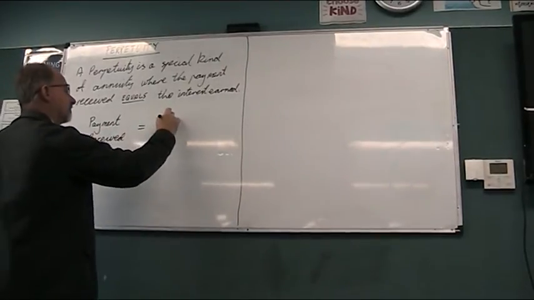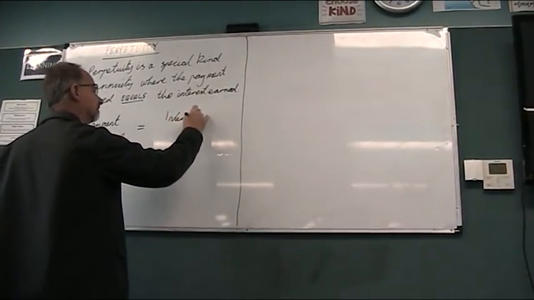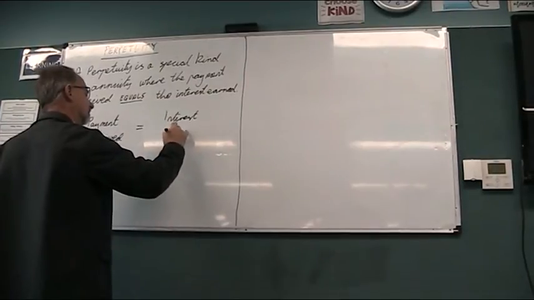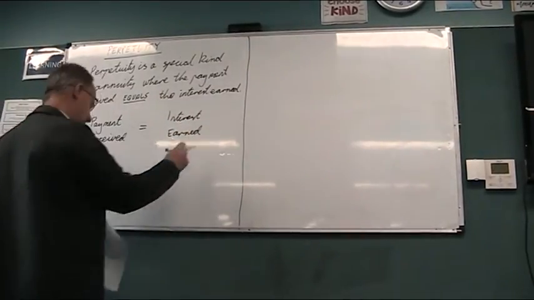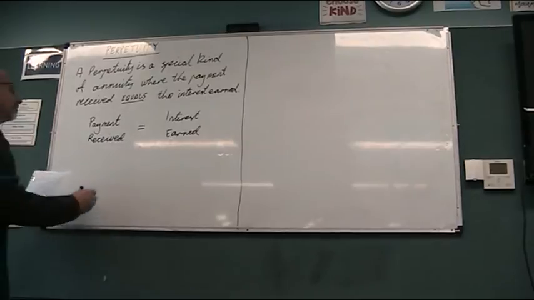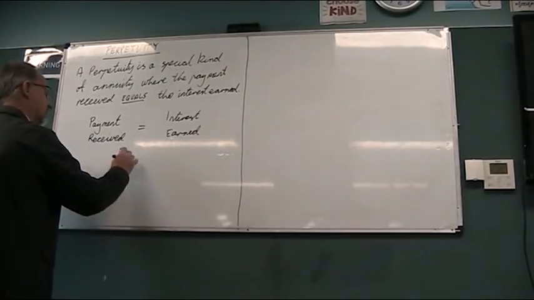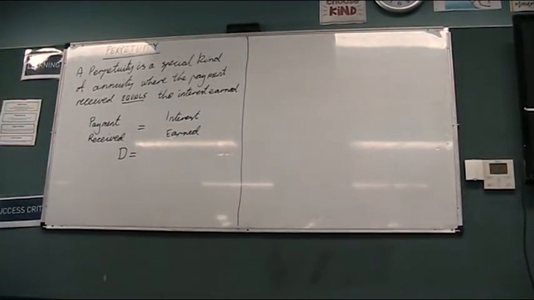So your payment received is equal to your interest earned, and that means the payment you receive, we always use a D for that.